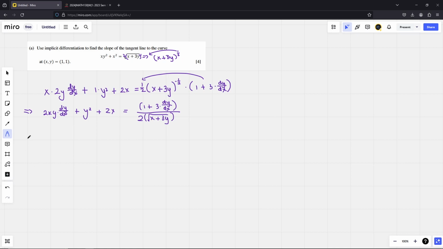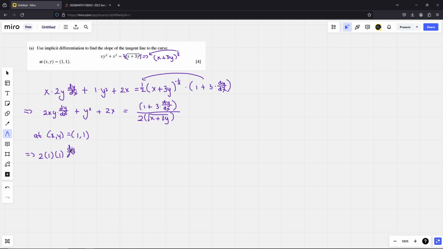So the next thing we're going to want to do is say, well, at the coordinates x, y equals 1, 1, we can just sub in 1 for x and y.